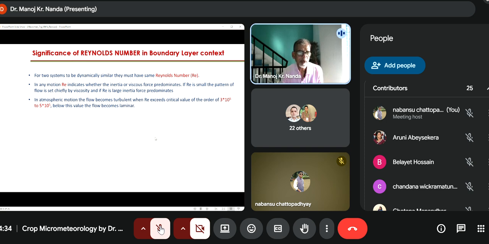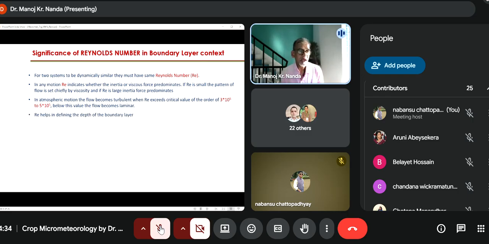For us, it is important to take the open atmosphere where there is only a surface and the open atmosphere outside. So it is not a pipeline condition. In this case, 3 lakh to 5 lakh is my threshold. Between 3 lakh and 5 lakh, there is a transition. Actually, there is a mixed layer, a mixed flow.